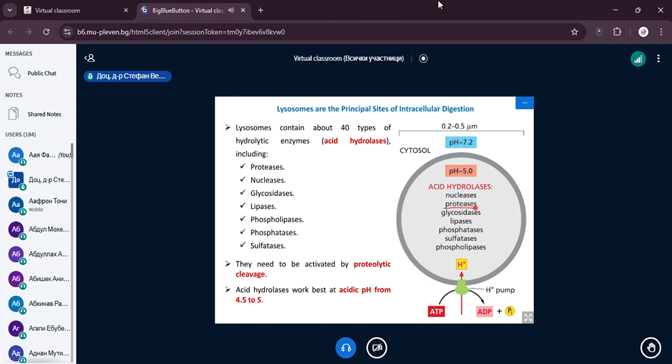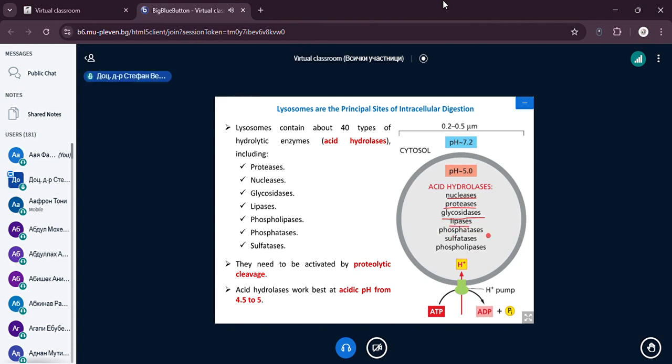Enzymes capable of degrading nucleic acids, RNA, DNA. These enzymes are called DNases or RNases, generally nucleases degrading nucleic acids. Enzymes which can degrade carbohydrates. These are glycosidases. Different types of glycosidases for different types of carbohydrates.